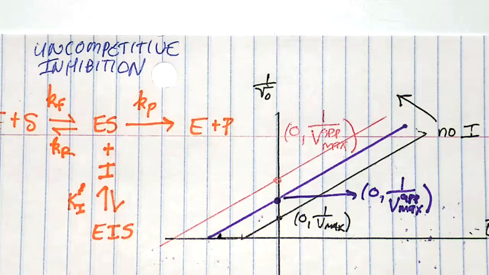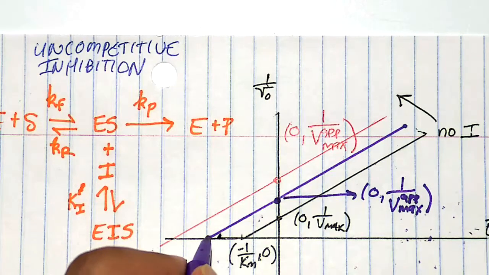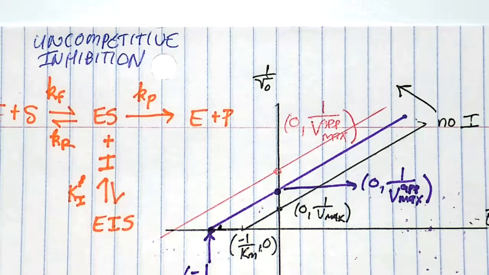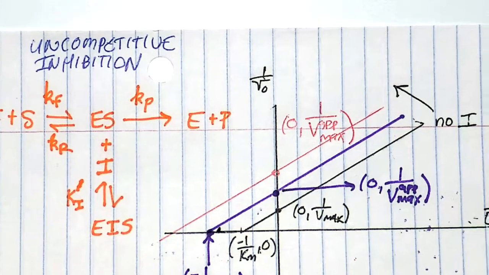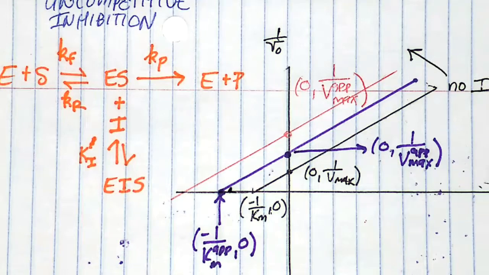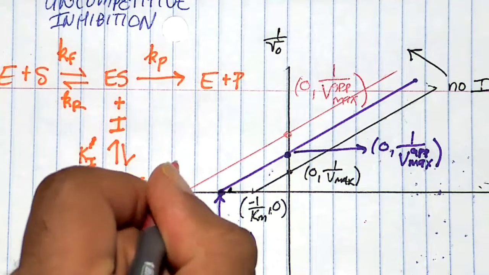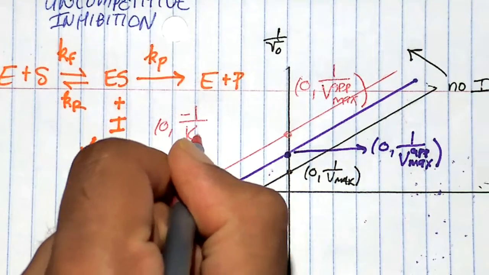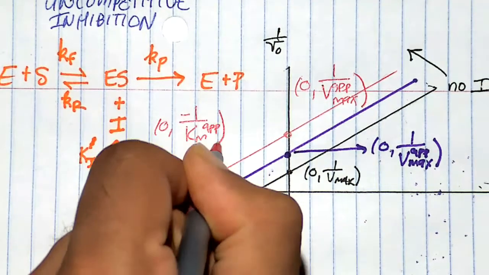Okay. What about our x-intercept? This x-intercept is minus 1 over K sub M and 0. Okay, those are the xy coordinates. The xy coordinates for this one is going to be minus 1 over apparent K sub M and 0. And then for this one, the x-intercept here will be minus 1 over apparent K sub M and 0.